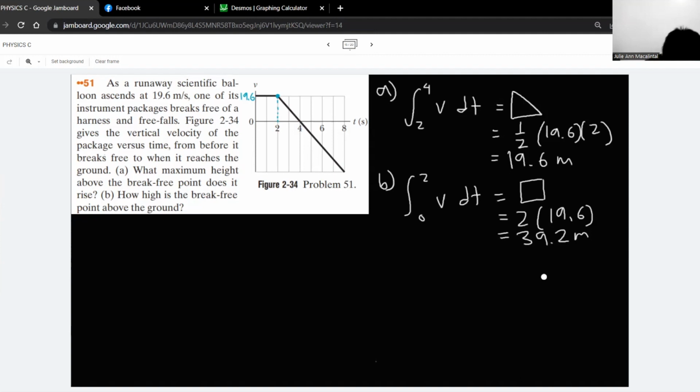Okay. Ngayon, although hindi tinanong, ano yung maximum height na na-attain ng object ng instruments?